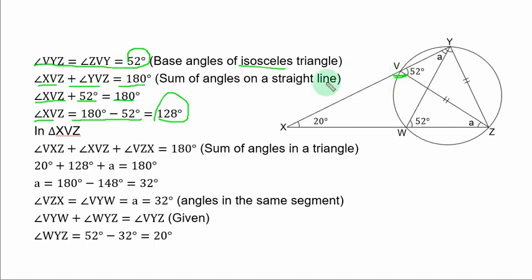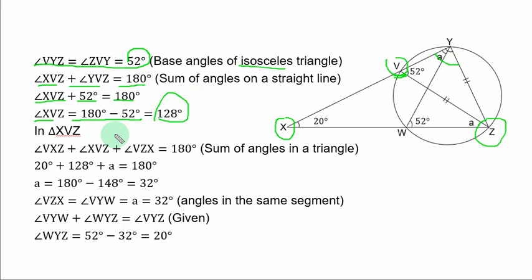Right. So let's continue. Now we have triangle SVZ. So we want to get this A now. Once we get this A, automatically we know this A, and the whole angle here is 52. You can now subtract A from 52 to get what you are asked to look for.